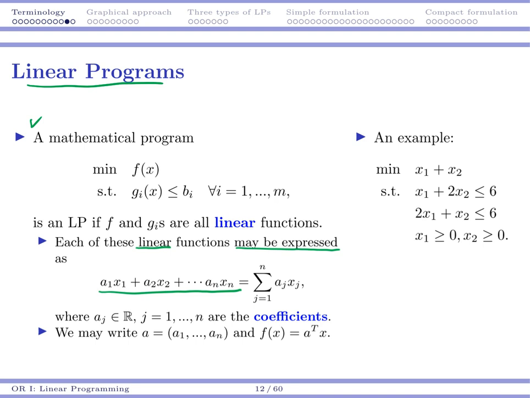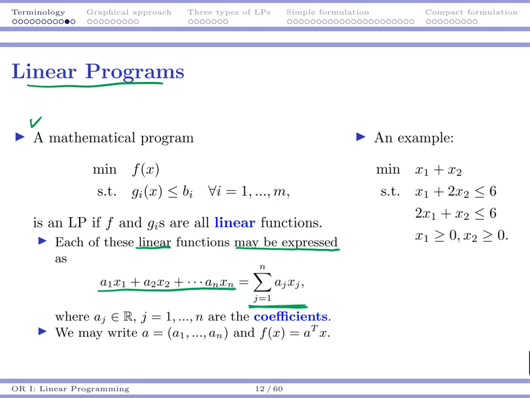Each decision variable may have a coefficient in front of it. So there is a multiplication between a coefficient and a variable. But you don't see two variables multiplying each other. They don't divide each other. There is no x1 square or whatever thing. There's no square root. There's no sine, cosine, tangent, whatever. You only see additive terms. So if that's the case, then you have this particular linear function.